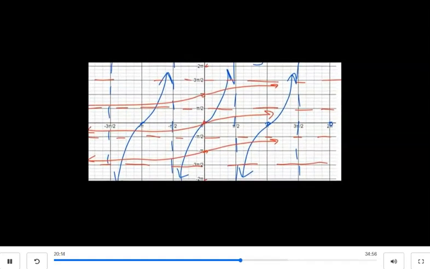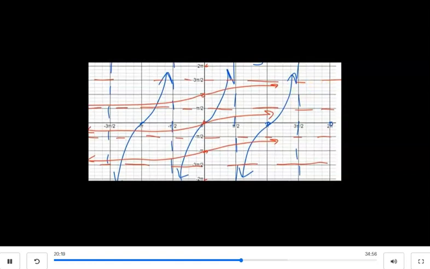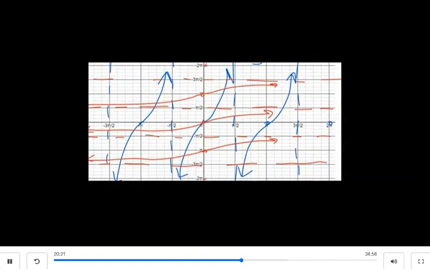Okay, so if I take this green, everything from 0 to pi over 2, whoops, don't move it around, lock it in place. That would be this green section right here. Now, if I do what I did for cosine, 0 to pi, that would include this section over here.